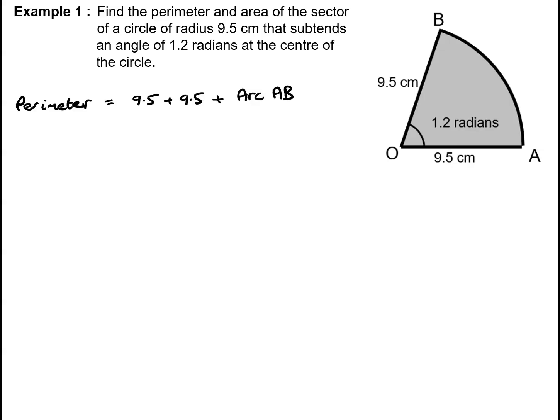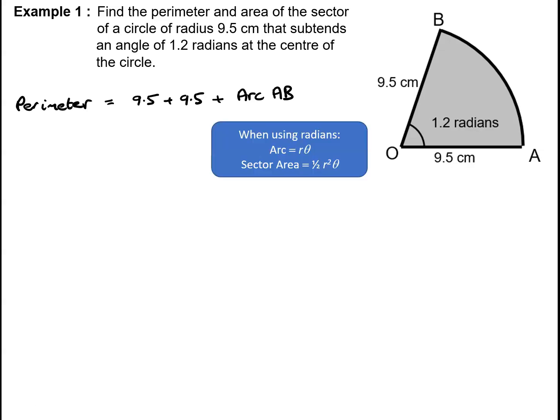The perimeter of the shaded region then is going to be the radius OA plus the arc AB plus the radius OB. So we've got the perimeter is going to be 9.5 plus 9.5 plus the length of the arc AB. But because we're using radians, we know that arc is given by r times theta.